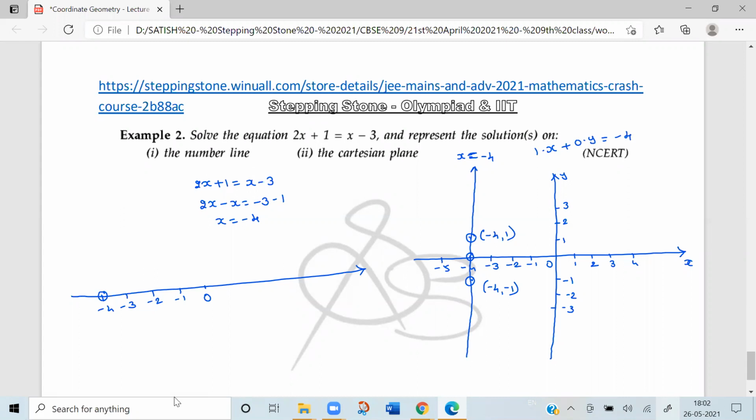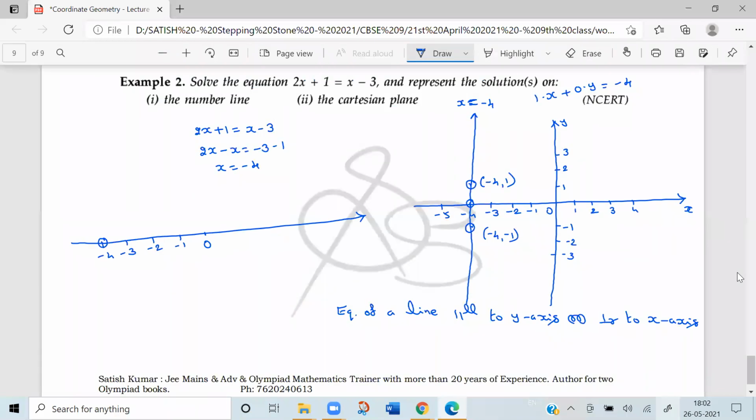So you can write the general form of the line parallel to y-axis. The equation of a line parallel to y-axis or perpendicular to x-axis is of the form x equal to k.